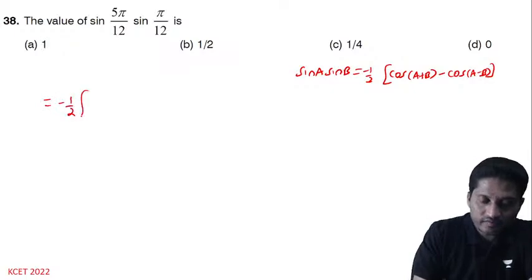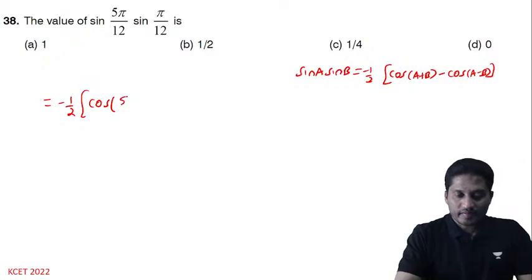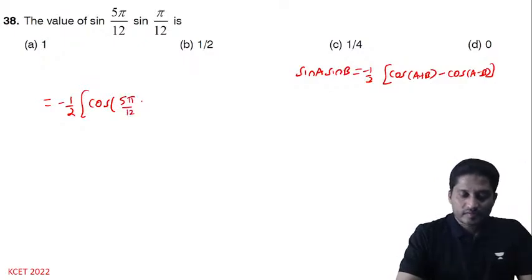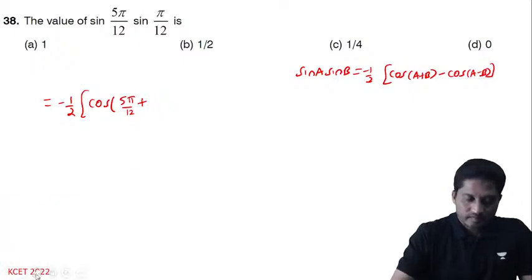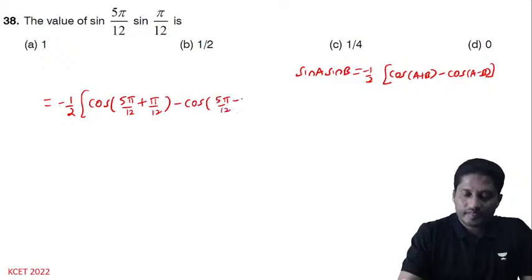This is minus half of cos of A plus B, which will be cos of 5 pi by 12 plus pi by 12, minus cos A minus B, 5 pi by 12 minus pi by 12.